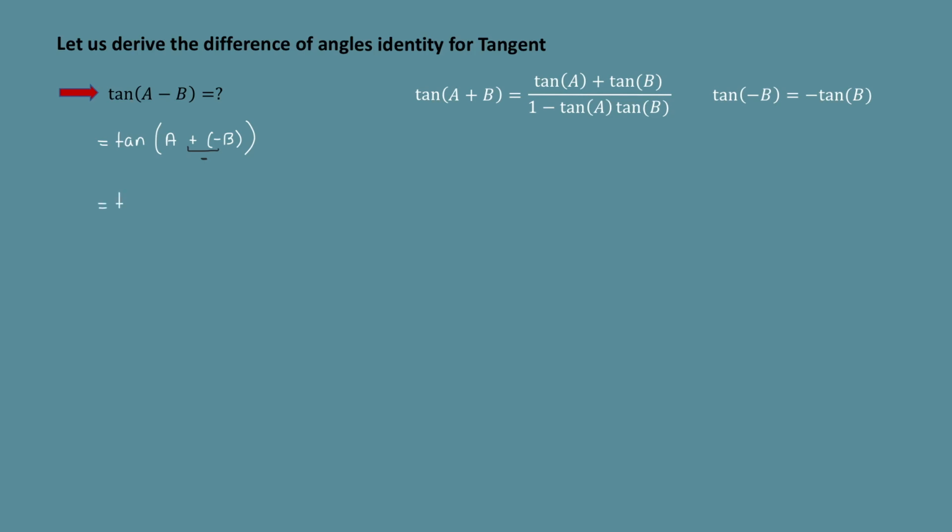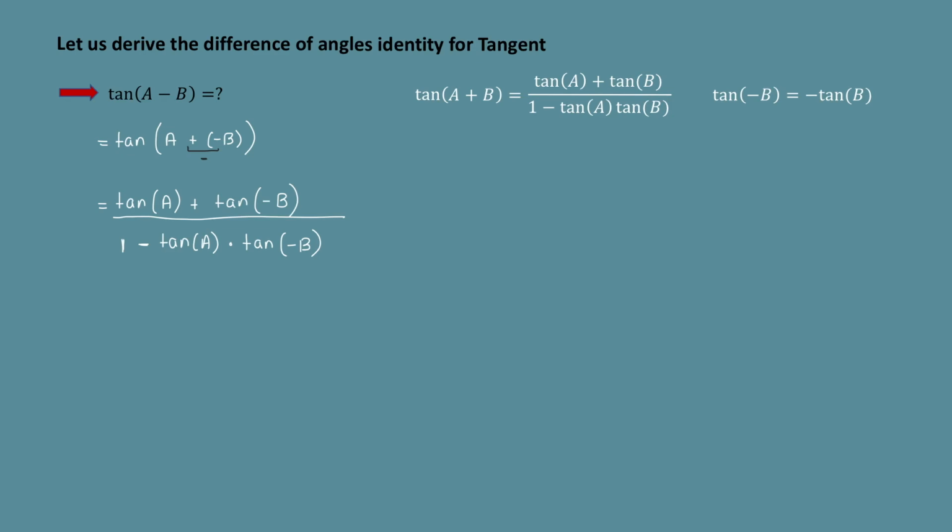So I'm going to write tangent of my first angle, angle A, plus tangent of my second angle. The second angle is negative B. And all this will be divided by 1 minus tangent of A times tangent of negative B.